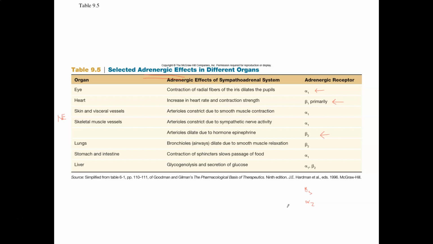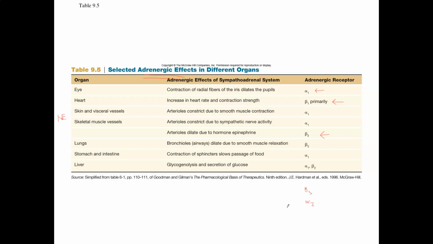If you were going to give a generalized summary for alpha 1s, I would say alpha 1s consistently show contraction of smooth muscle. So we consistently see smooth muscle contraction when we're talking about alpha 1 receptor activity.